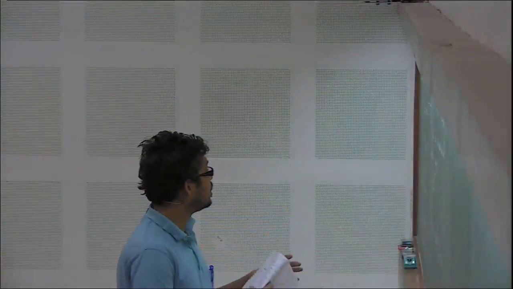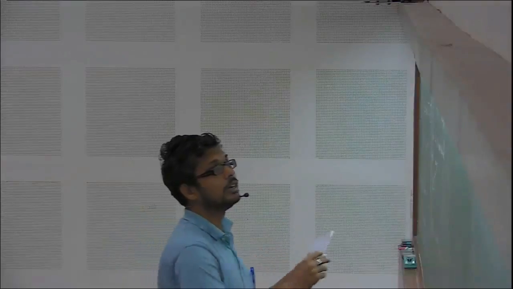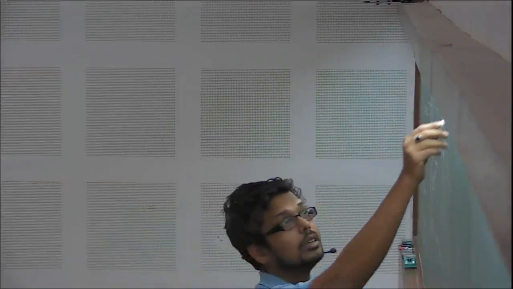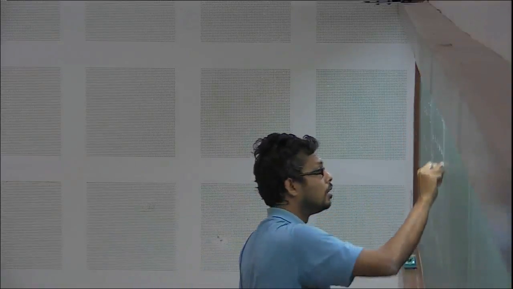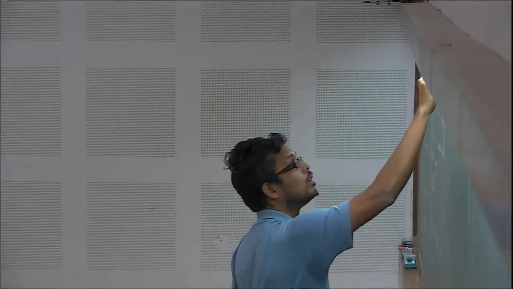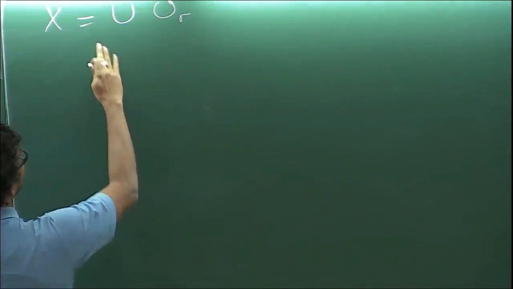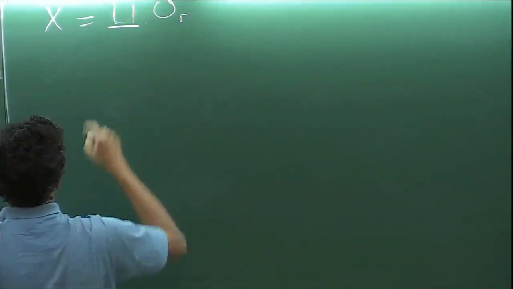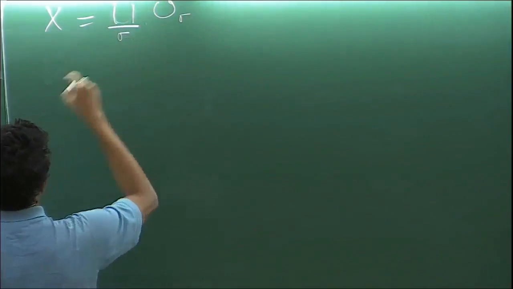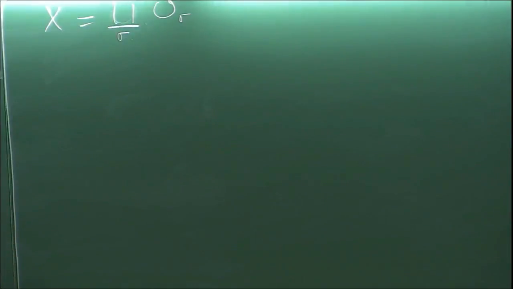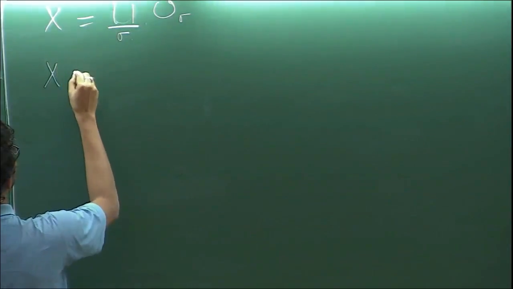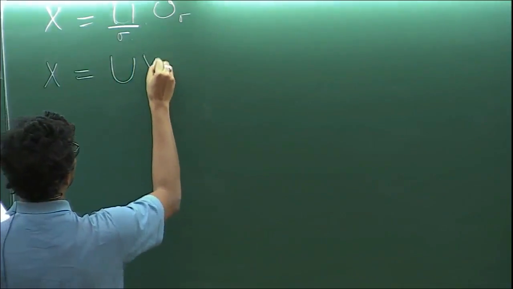With this description, of course, X you can write as a union of these orbits, and there are finitely many cones, so this is a finite disjoint union. But it has another description which will be useful.